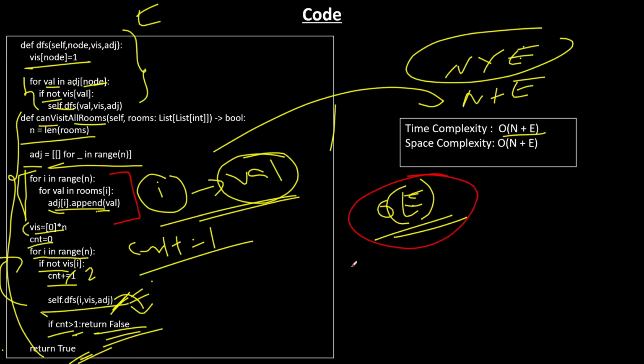Okay, let's start. Let's take n equal to the length of the rooms. Then we will create an adjacency list. This is a 1D list that makes up the 2D list. If you are confused about how this works, suppose these are the nodes 0, 1, 2, 3, of size n. For each of these n, you allocate space this way.